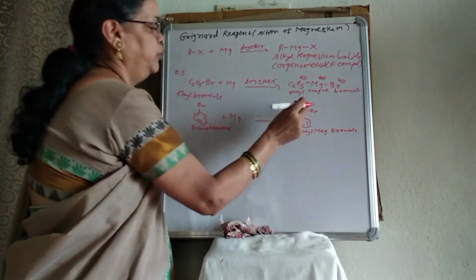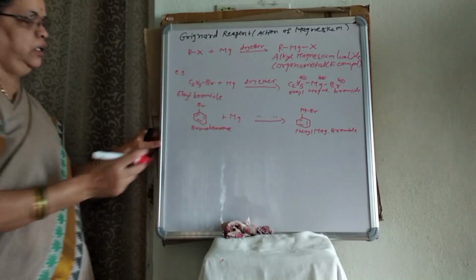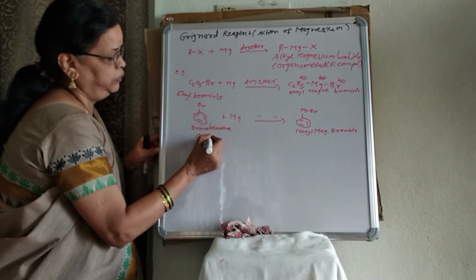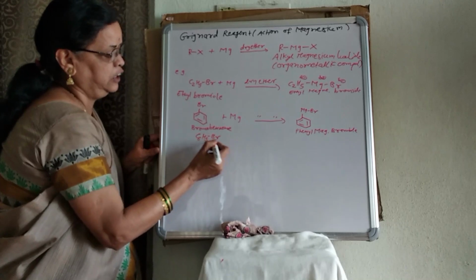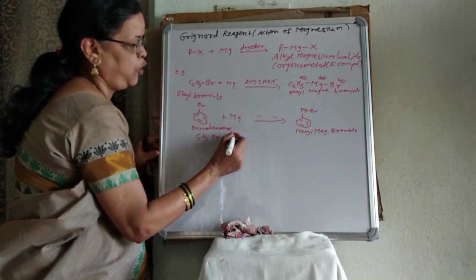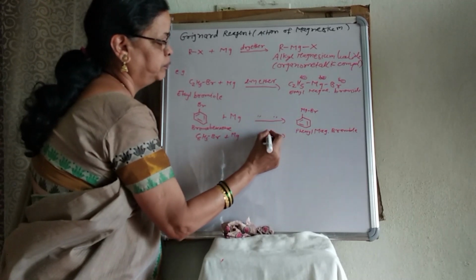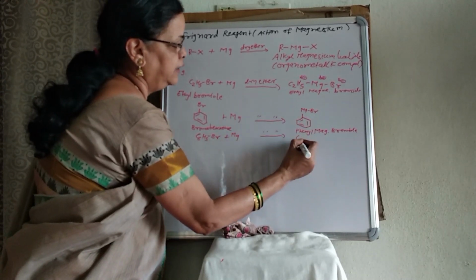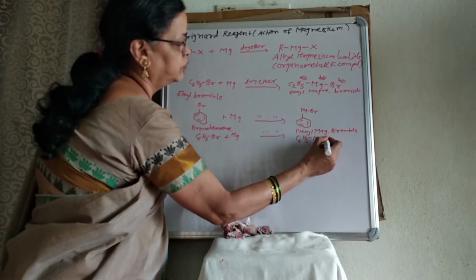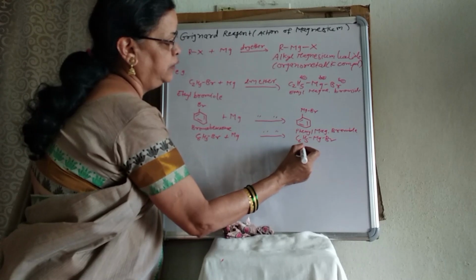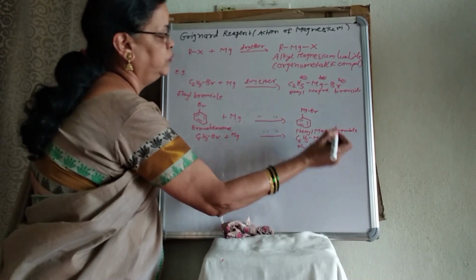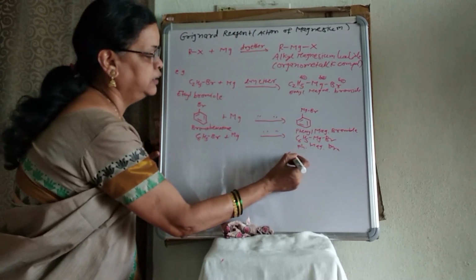Instead of the ring you can write C6H5, plus Mg, dry ether, gives C6H5MgBr. So it is phenyl magnesium bromide.